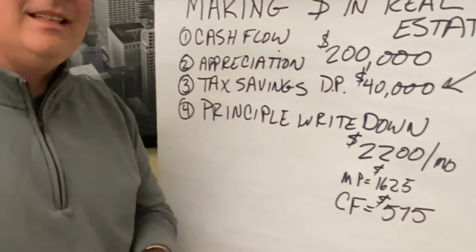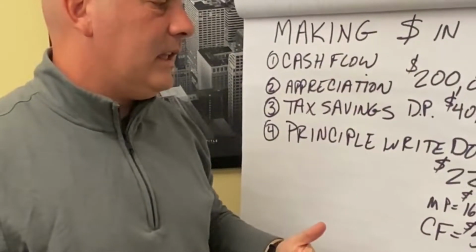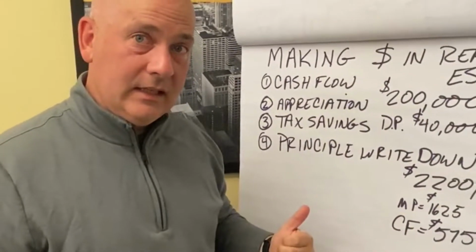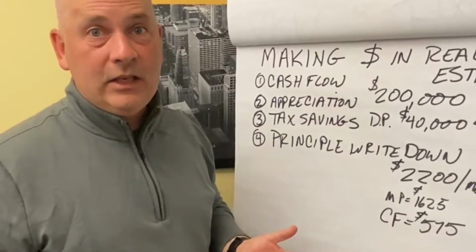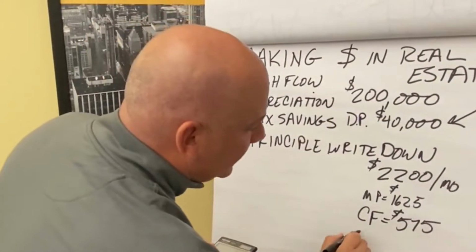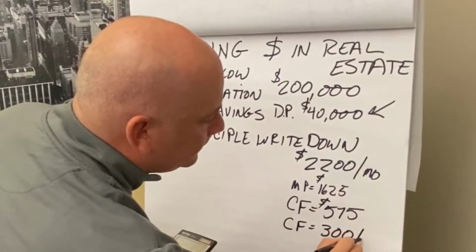Now, this isn't a true number, because you're going to have to factor in things like repairs and vacancies. So let's make it an easier number: we're going to take off $275, and let's say that your cash flow is $300 a month.